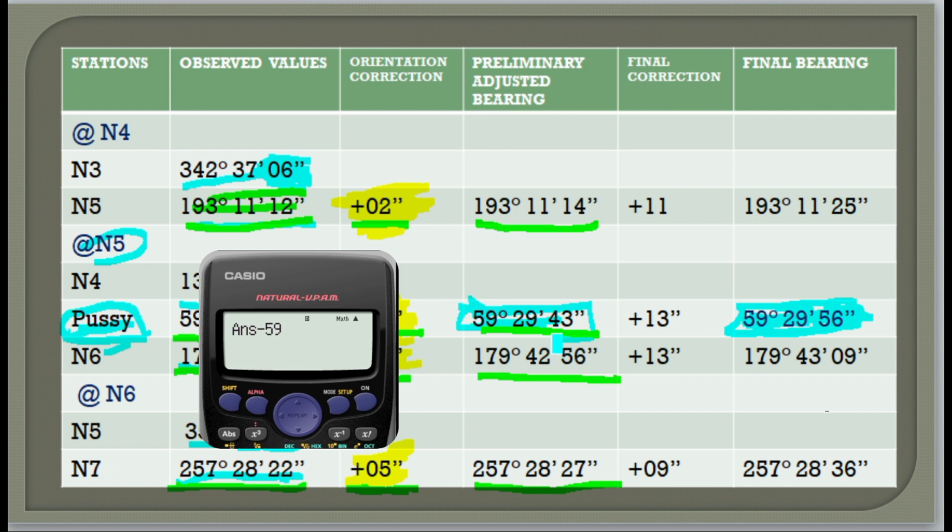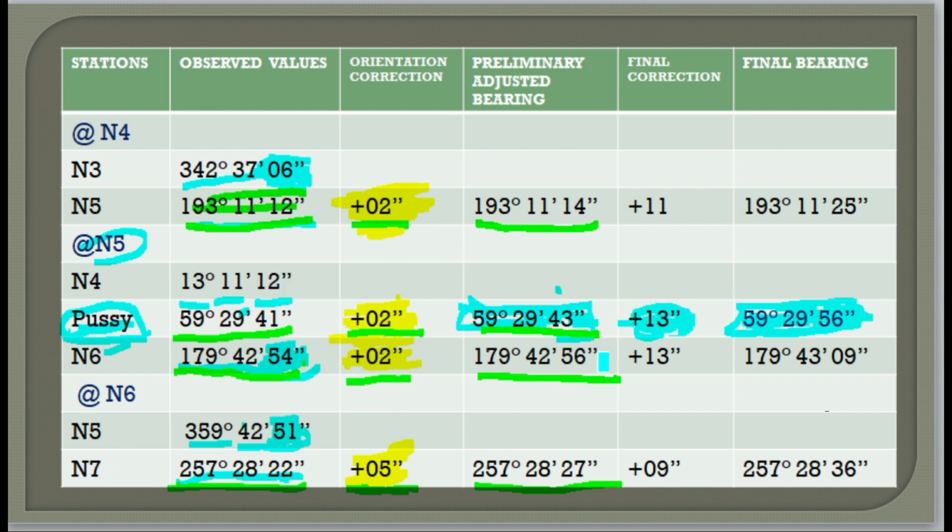So in order to get the final correction of both those two values, we need to subtract. So we subtract the final bearing from the preliminary adjusted bearing, and by subtracting we get our final correction as positive 13 seconds.